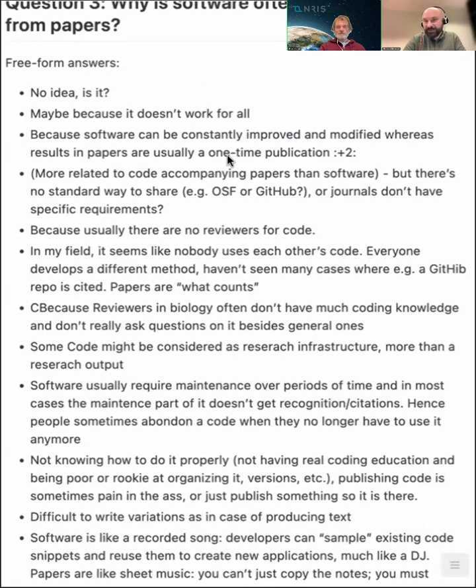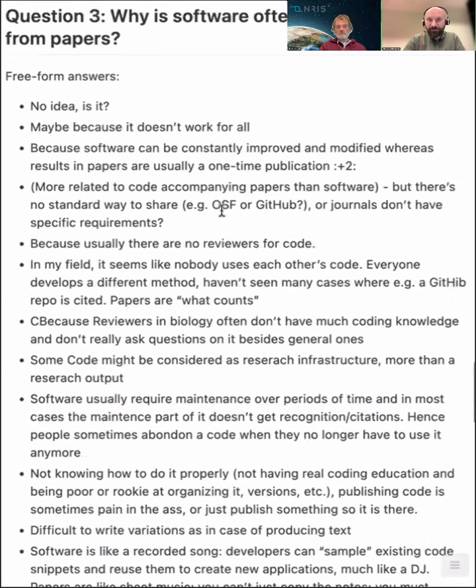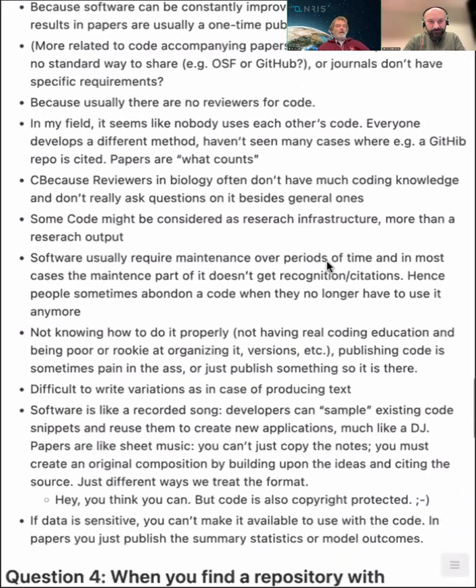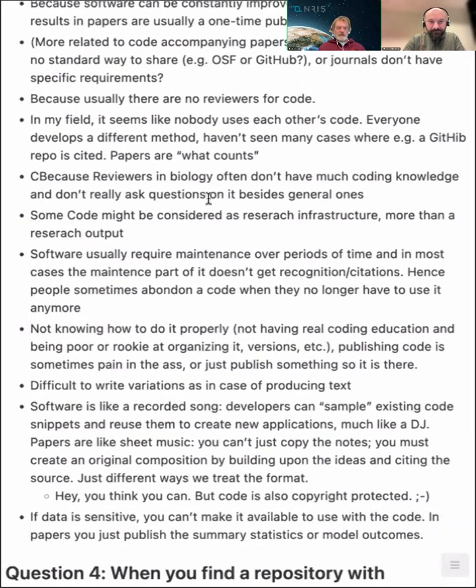In the end, it's whatever version existed 10 years ago. So nobody should be forced to keep the software maintained and improved, like with papers, where they were not supposed to go back and suggest edits. And you could consider code a research infrastructure more than a research output.